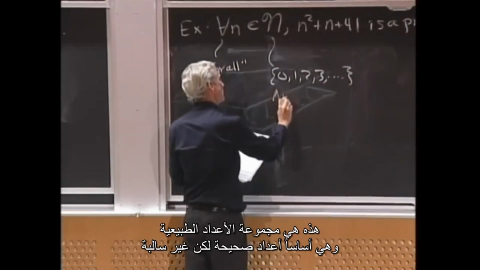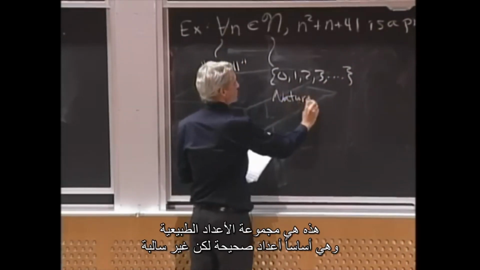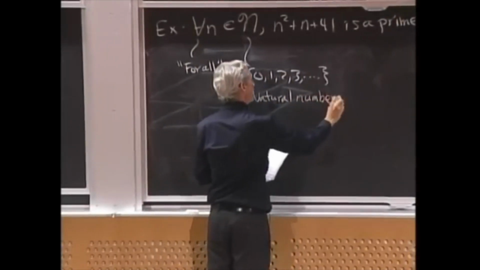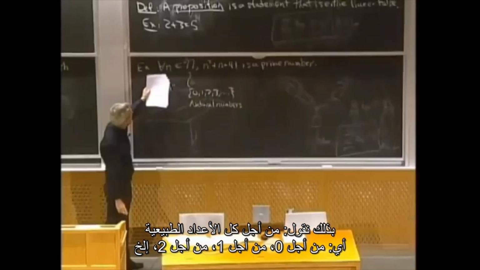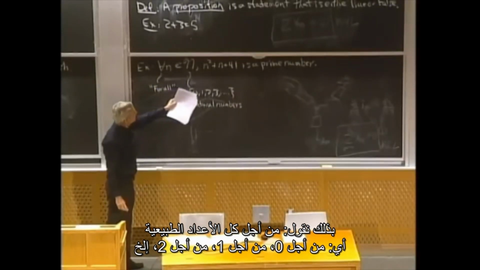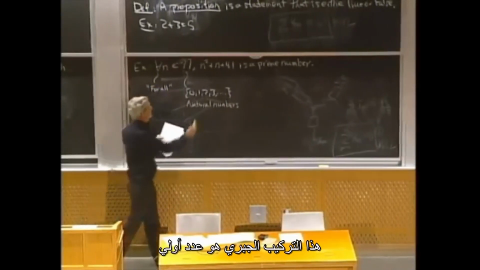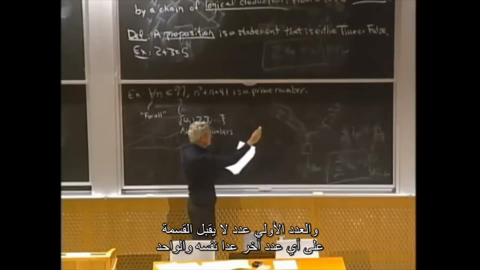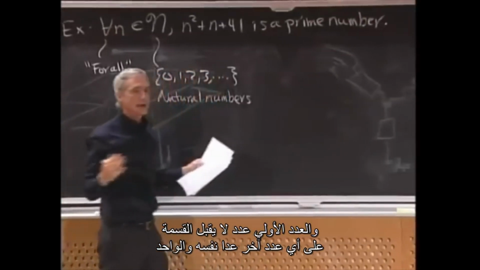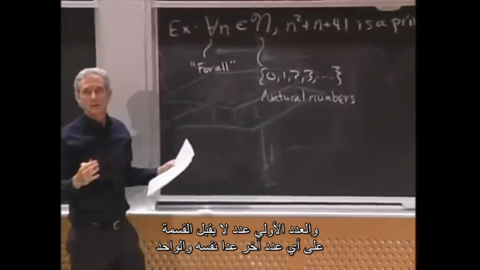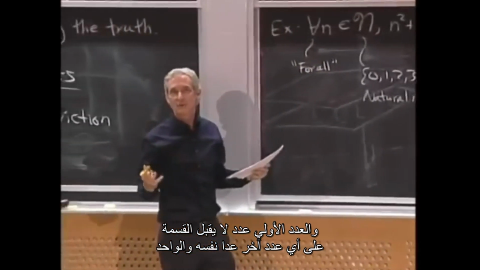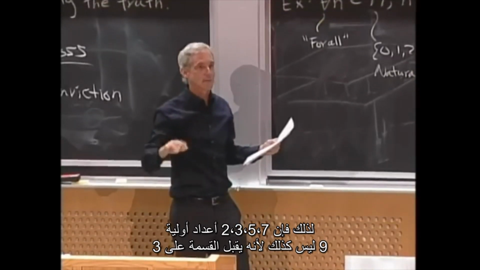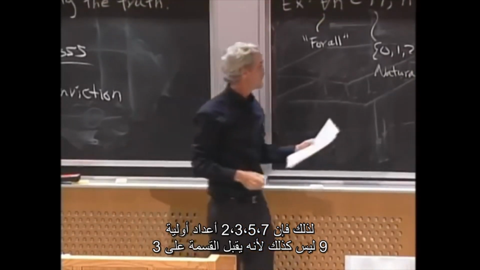It's basically the integers, but not negative. So we're saying for every natural number, i.e. for 0, for 1, for 2, and for 3, and so forth, this expression is a prime. Now, a prime number is a number that is not divisible by any other number besides itself and 1. So 2, 3, 5, 7 are prime. 9 is not, because it's 3 times 3.